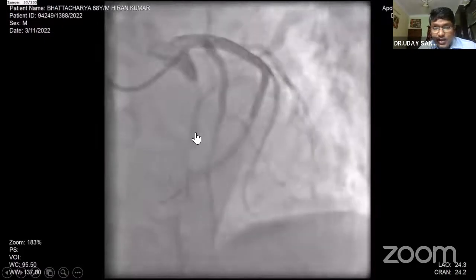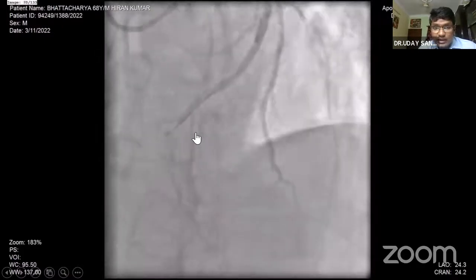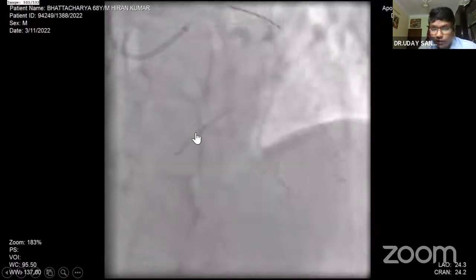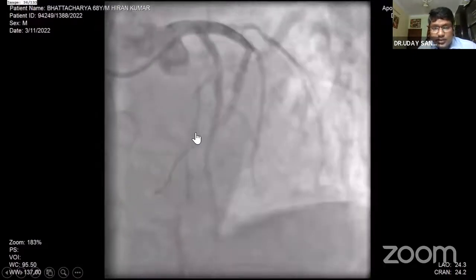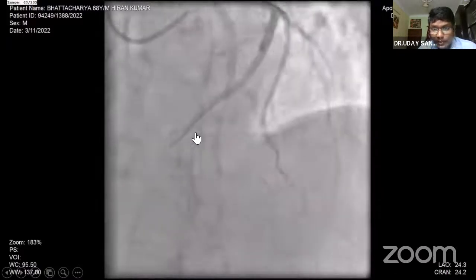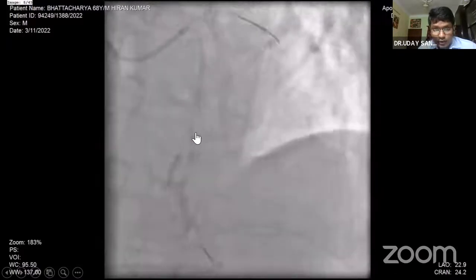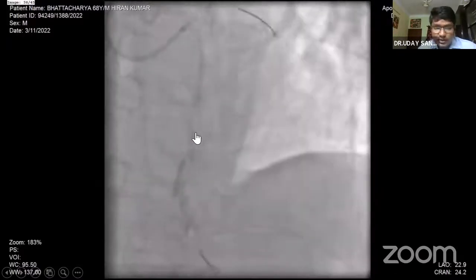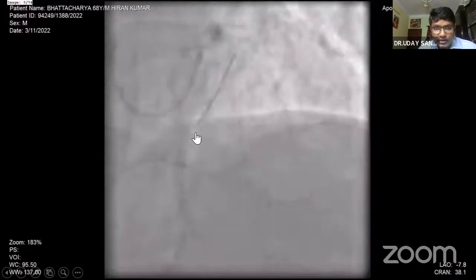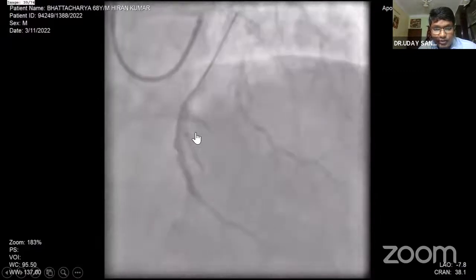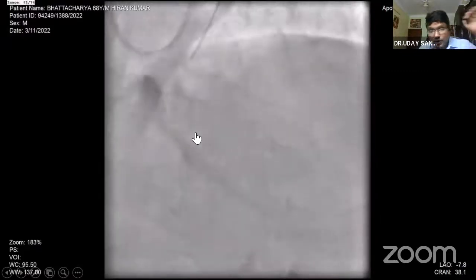Initially I was scared to do the post-dilatation because of the no flow or slow flow. At the same time, I also thought whether this chest pain was perhaps due to LPDA stenosis or not. So I went for stenting, and it was a very soft lesion, easily opened up with a pre-dilatation balloon, and stented the LPDA with a 2.5 by 24 stent.